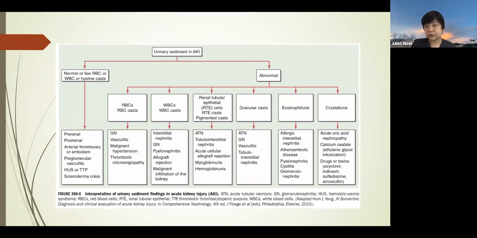If it's filled up with uric acid crystals, then you would think of acute uric acid nephropathy, like in tumor lysis syndrome. So that is the summary for the urine sediments.